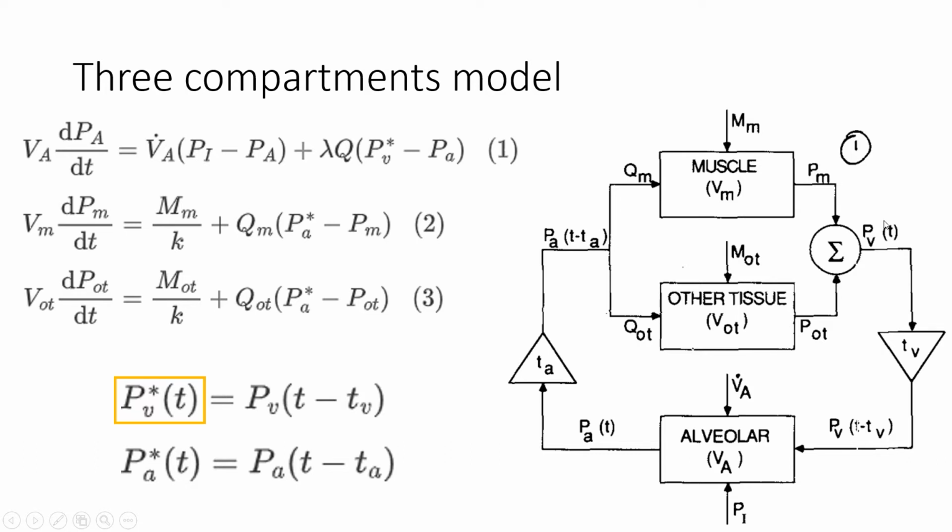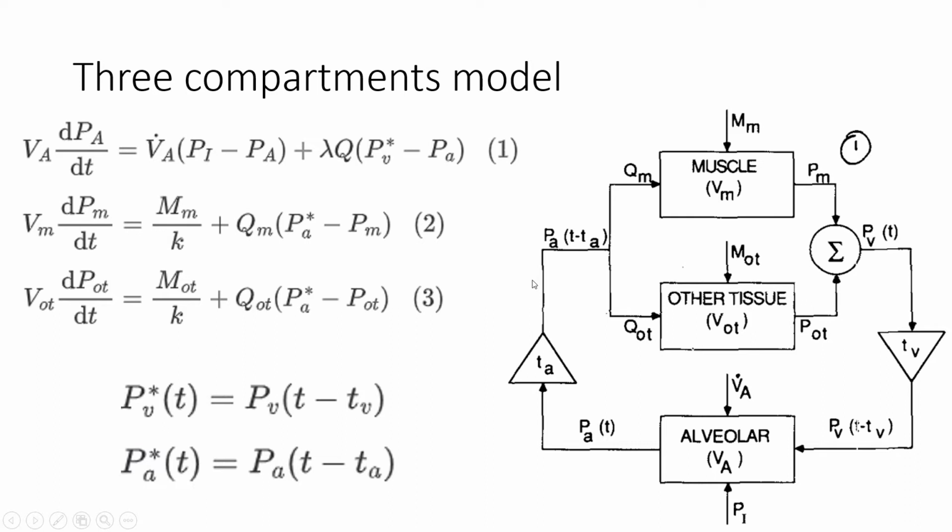So when the blood comes out from the muscle, there's a time delay TV here. And then it comes back to the lungs. This is the PV star. And similarly, the PA here is the partial pressure in the arterial blood. And there's also a time delay TA before it comes back to the muscle.